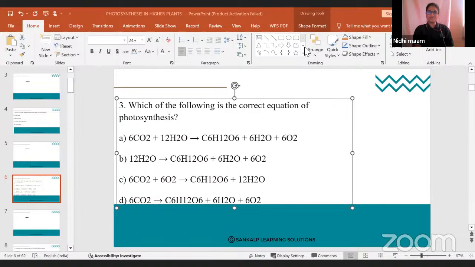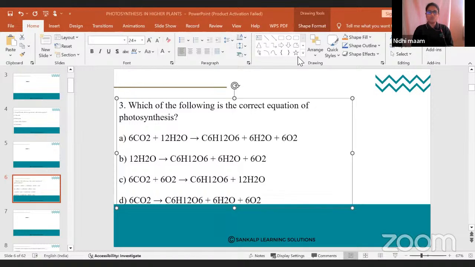So we know that in photosynthesis the reactants will be carbon dioxide and water, right? This happens in chloroplast, in presence of sunlight. The products will be glucose, water, and oxygen.